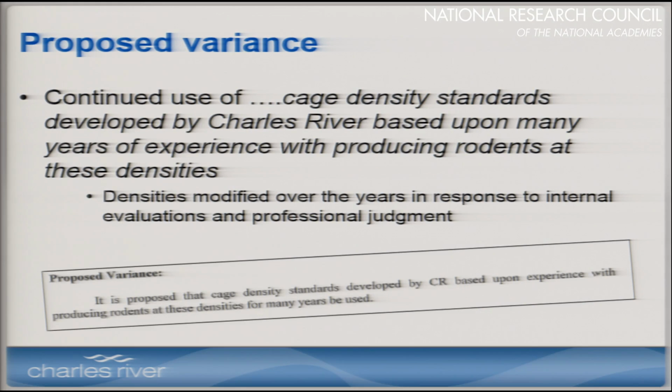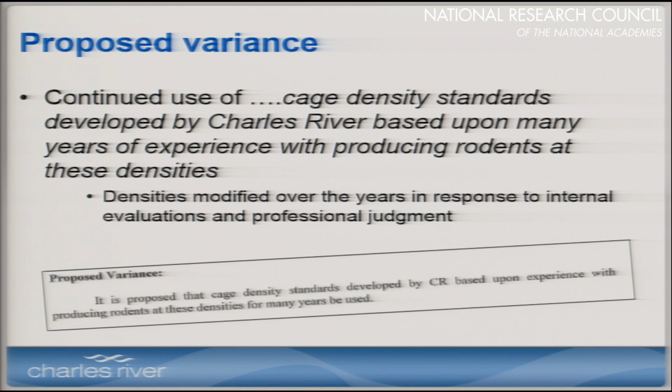So the next step in our process is let's propose the variance. What are we asking for? We're asking the IACUC to consider that we continue to use the cage density standards developed by Charles River over many years based on an experience of producing mice and rats at these densities. And it's worth mentioning, we haven't had the same cage density, the same animal density in a breeder cage for 40 or 50 years.